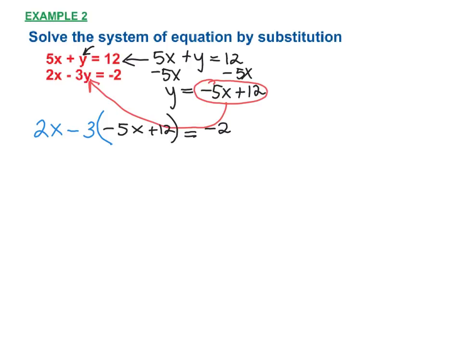So now I just have one variable, x. I have a couple of them, but there's only one variable in this equation, which is x. And now I can solve that equation for x. So pause the video and solve that equation for x.